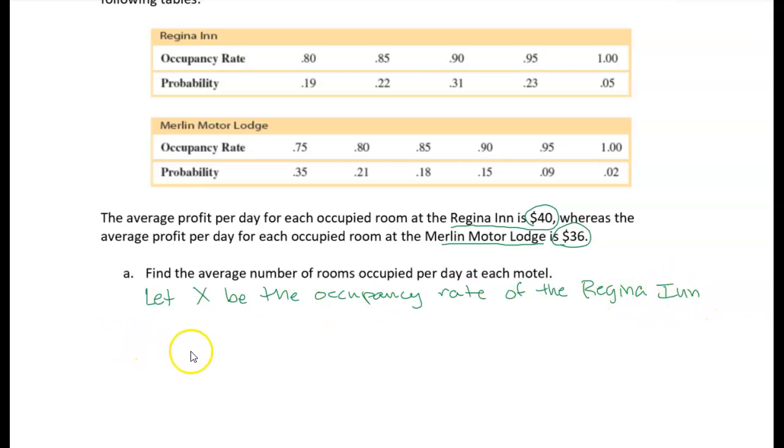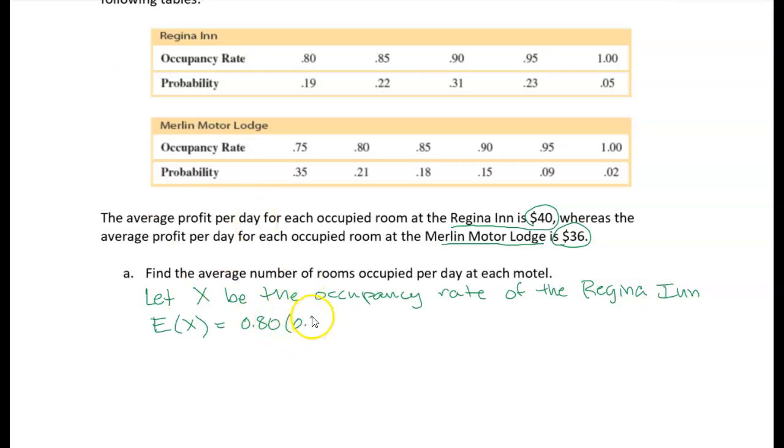Then we can calculate the expected value of that random variable by taking all the outcomes and multiplying by their associated probabilities. So the occupancy rate of 80%, so 80% of the rooms are occupied, 19% of the time, 0.19.